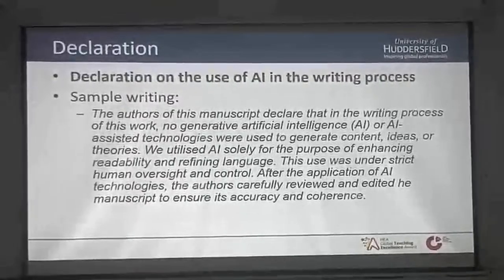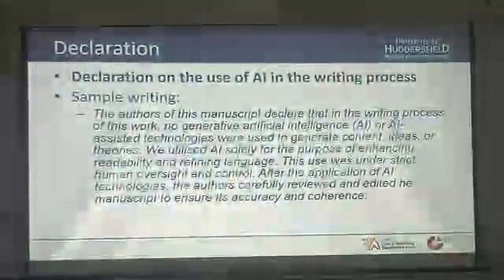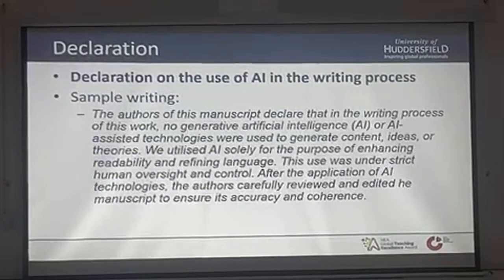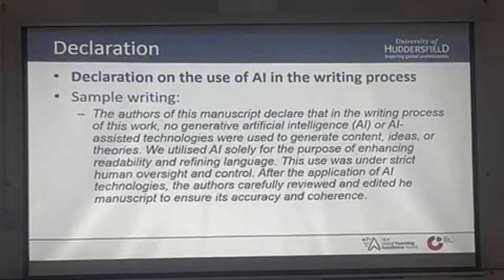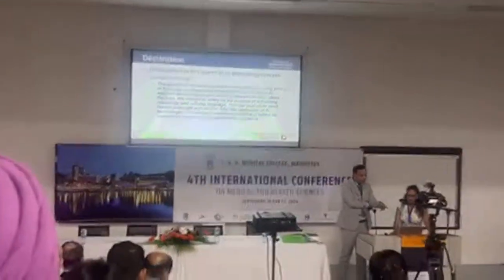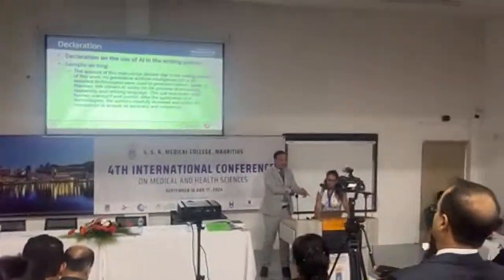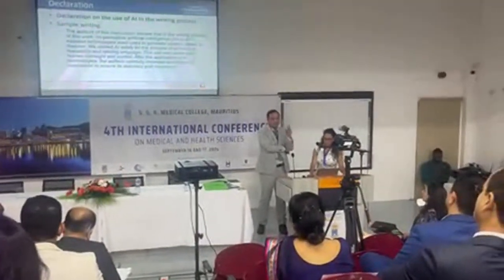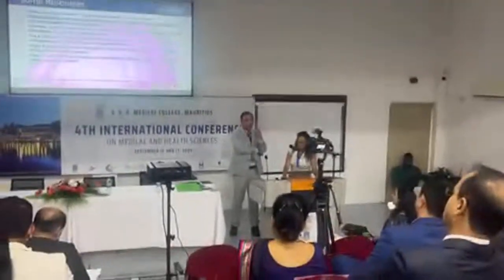The author of this manuscript declared that in the writing process of this work, no AI or AI-assisted technology were used to generate content and theories. We utilize AI solely for the purpose of enhancing the readability and refining the language. So most journals nowadays accept that content of the writing.